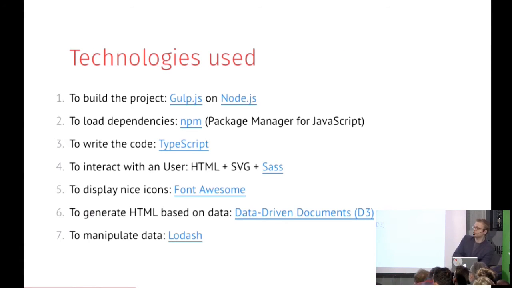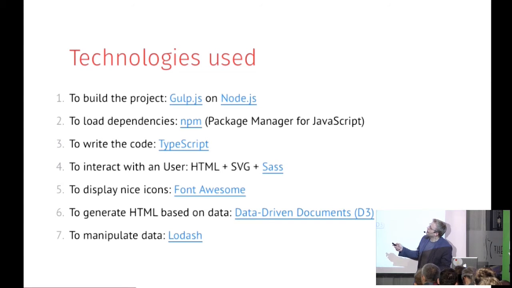So those are the technologies I've used to create this simple project. To build the project, I've used Gulp.js, which is working on Node.js, and to load dependencies, so basically the JavaScript libraries needed for the project and needed for the build process, I've used the npm package manager.